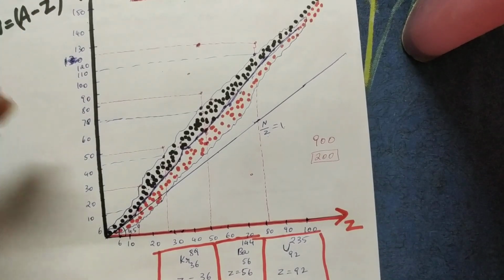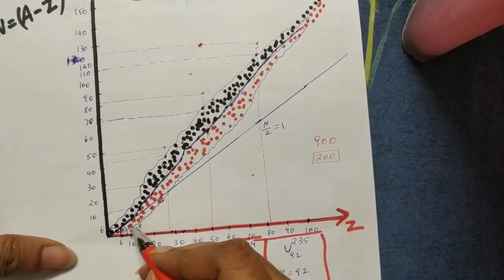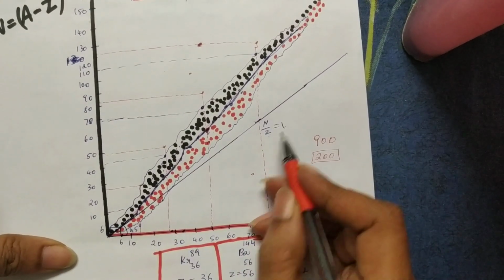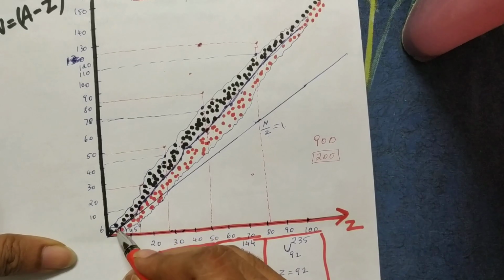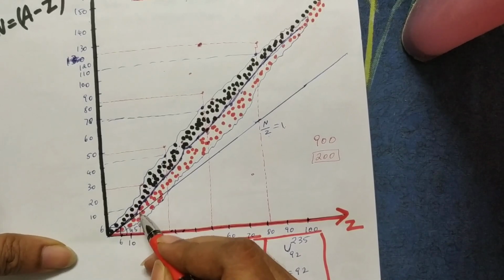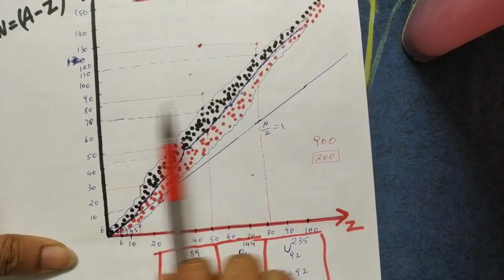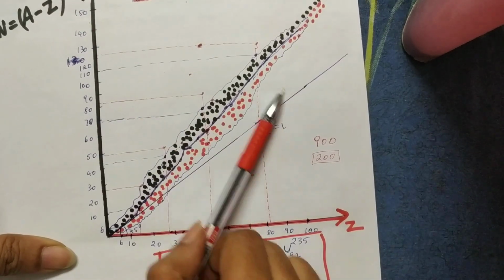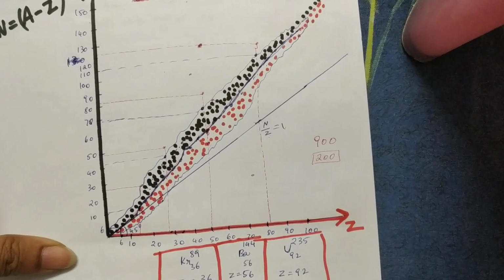An equal number is there. That means initially the stable line follows the N equal to Z line, N by Z equal to 1, because proton number and neutron number are equal. But whenever the atomic number increases, the neutron number starts dominating. Neutron number increases.